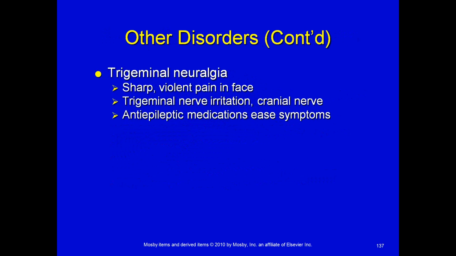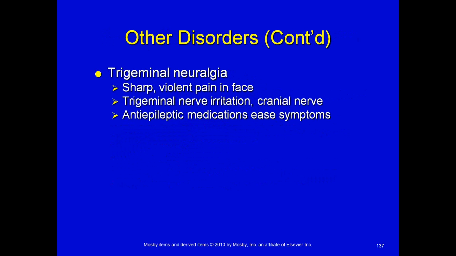Another disorder is trigeminal neuralgia, trigeminal referring to the trigeminal nerve, which is a cranial nerve, the same nerve that when pinched will cause a facial paralysis with Bell's palsy.